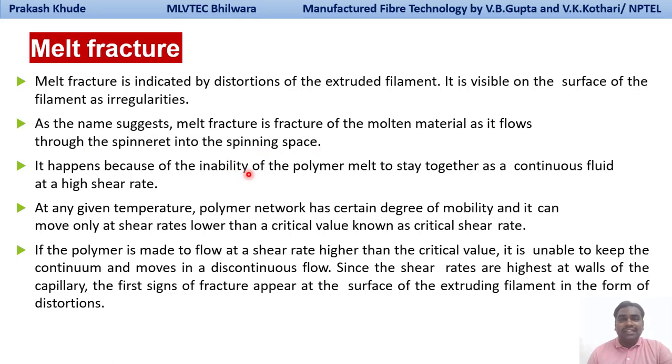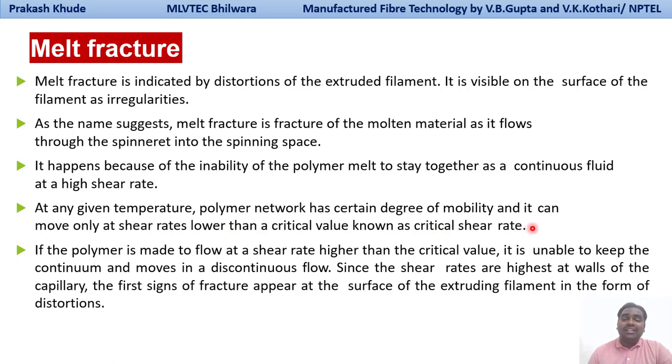It happens because of the inability of the polymer melt to stay together as a continuous fluid at a high shear rate. At any given temperature, the polymeric network has a certain degree of mobility, and it can move only at a shear rate lower than the critical value known as the critical shear rate.